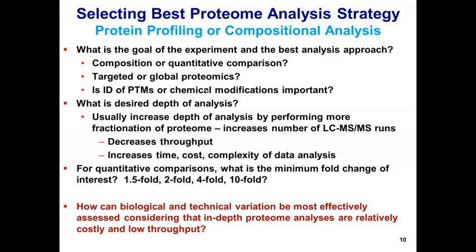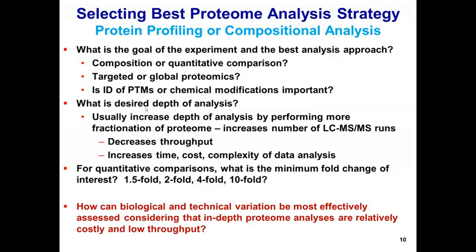And do I care about identification of post-translational modifications or chemical modifications? For most post-translational modifications or chemical modifications, I need to use an enrichment strategy to selectively purify either the proteins or the peptides that contain these desired modifications.